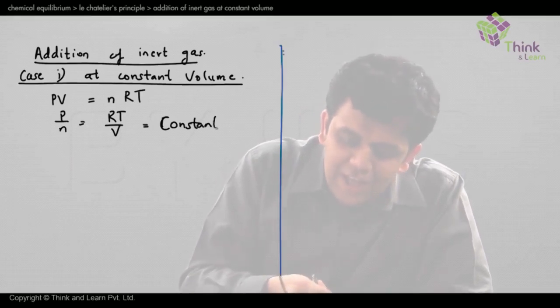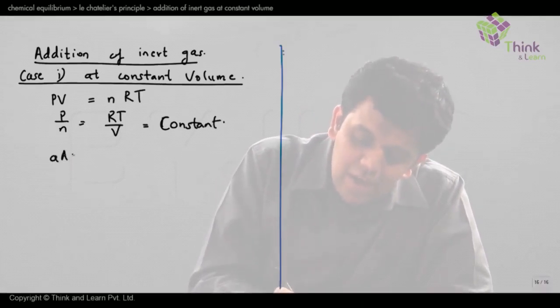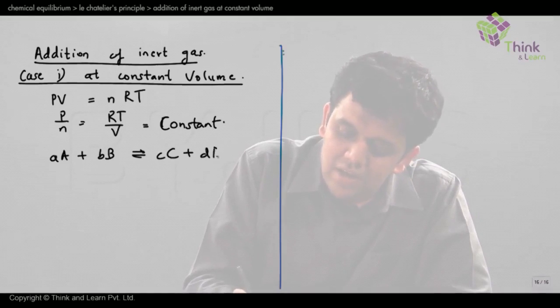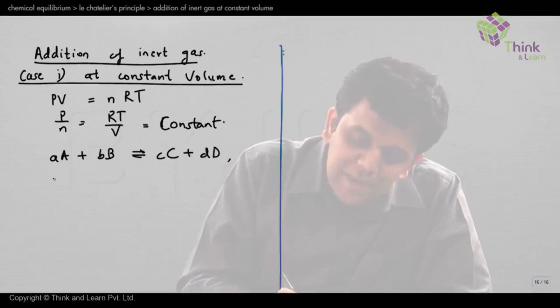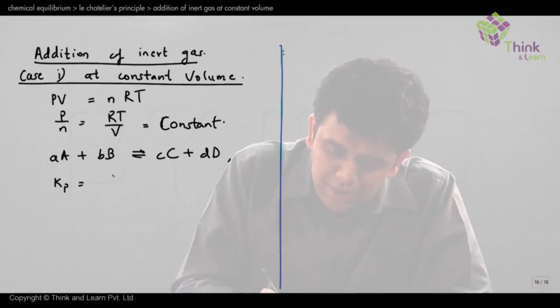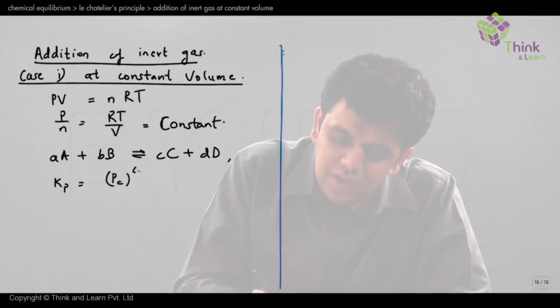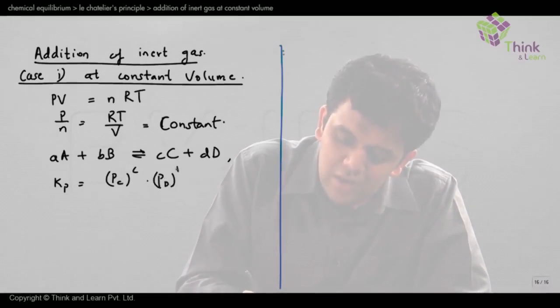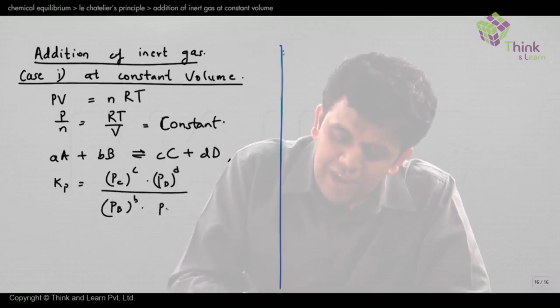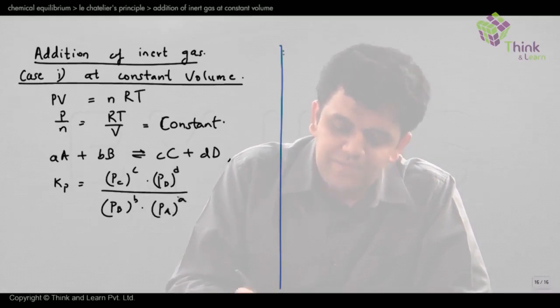For a reaction like aA plus bB giving cC plus dD, we have Kp is equal to partial pressure of C, the whole raised to c, into partial pressure of D, the whole raised to d, divided by partial pressure of B, the whole raised to b, into partial pressure of A, the whole raised to a, right?